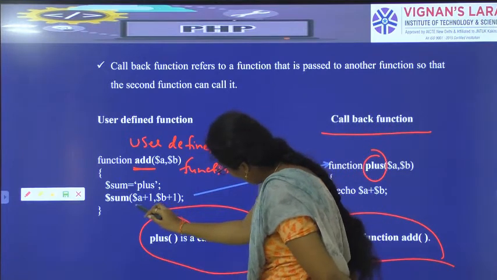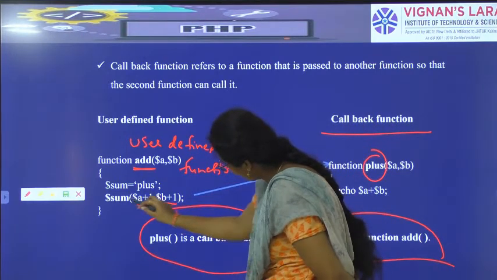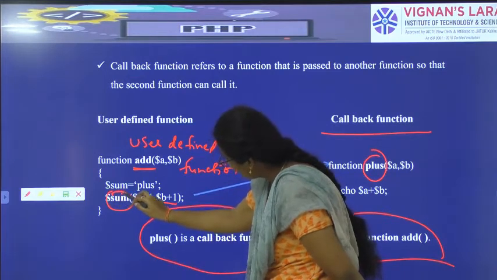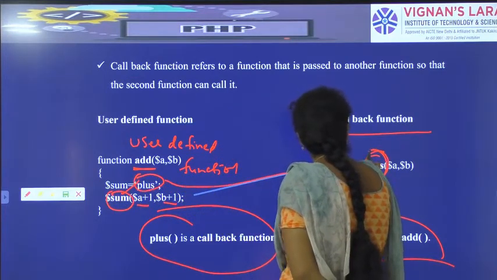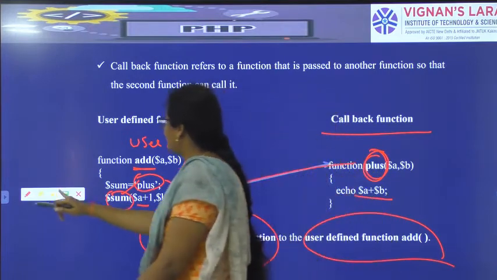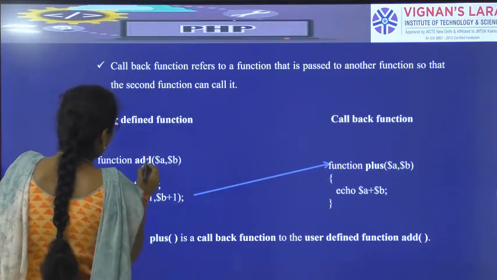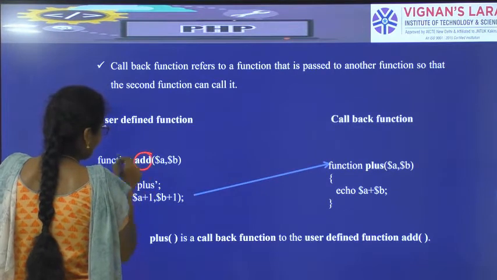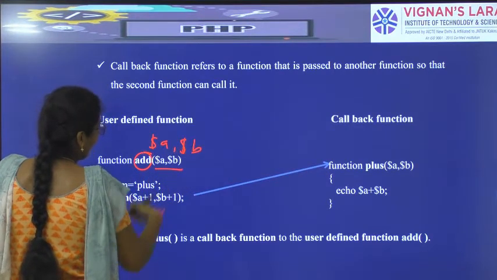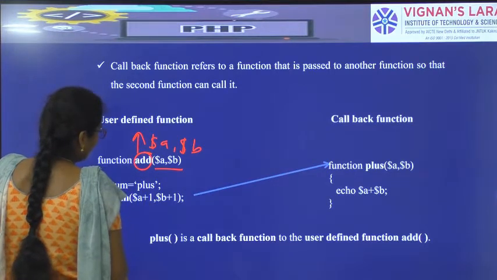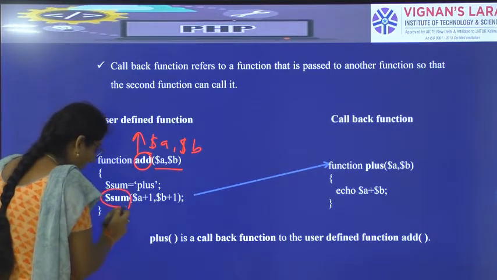See here, $a plus 1 and $b plus 1 are done in the sum. This sum is nothing but plus. Plus is nothing but a callback function. Initially we have taken the function add and the arguments are $a comma $b. Add is a user defined function. But sum is also defined.